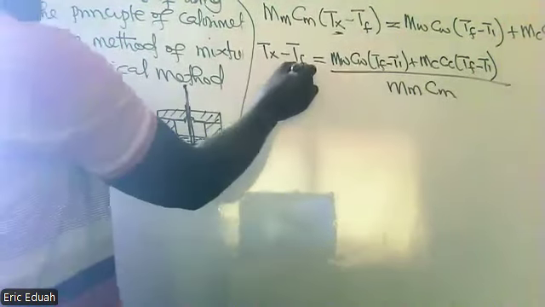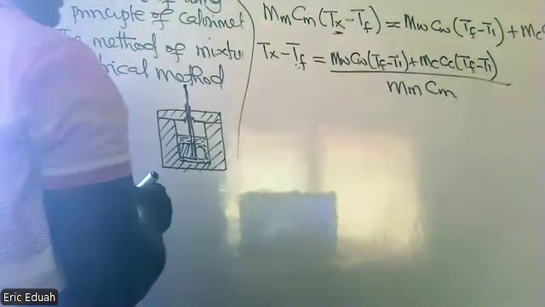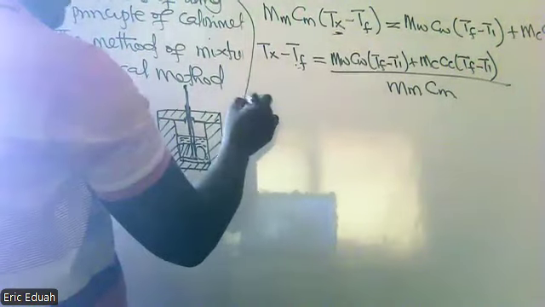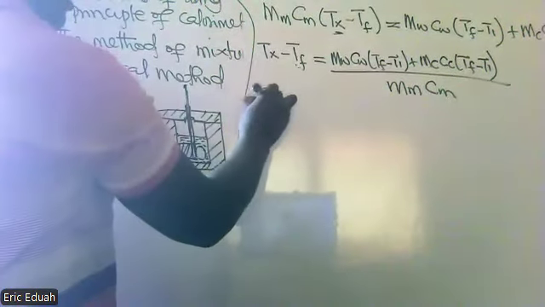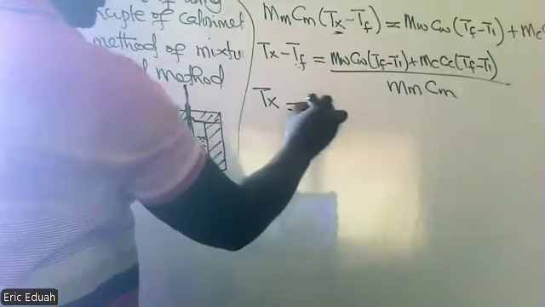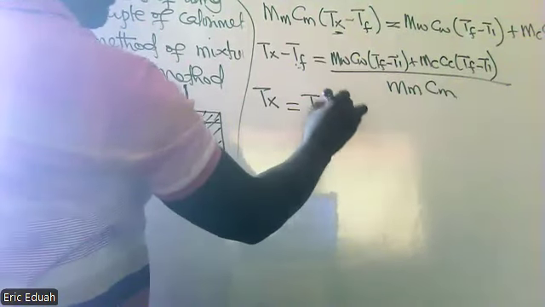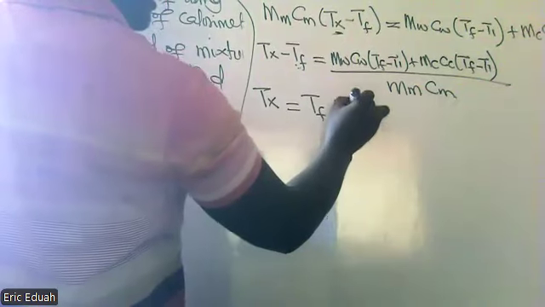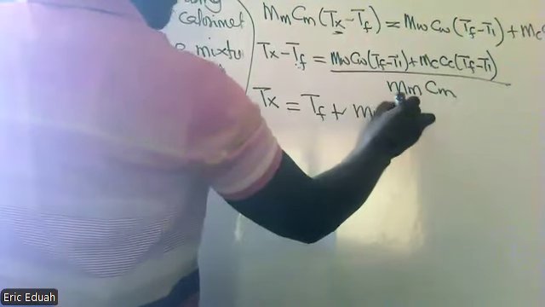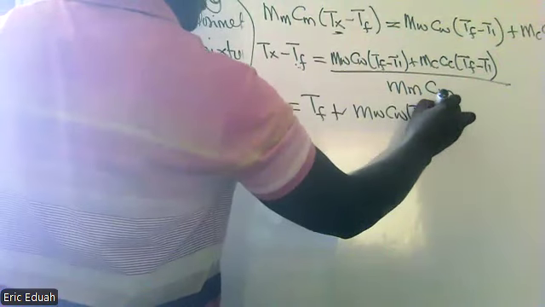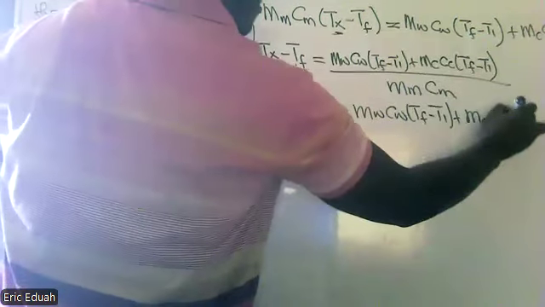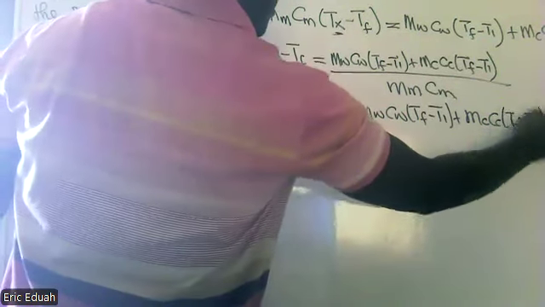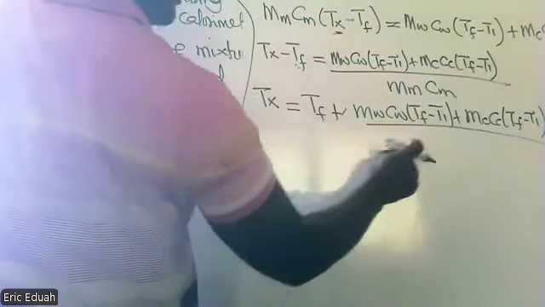Then we eliminate Tf rather. This will be equal to Tf plus the whole of this, divided by MM CM.